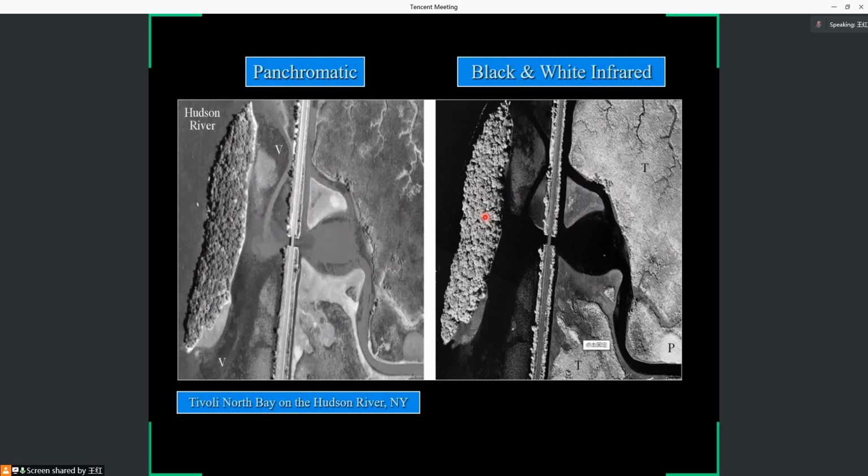In this image the color is whiter than that one. This is dark gray, this is white, because in the near infrared band the trees and vegetation have a higher digital number. So you can see it's different.